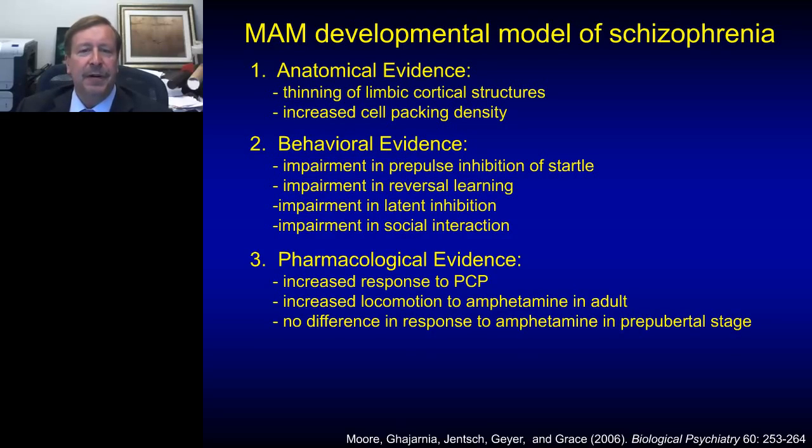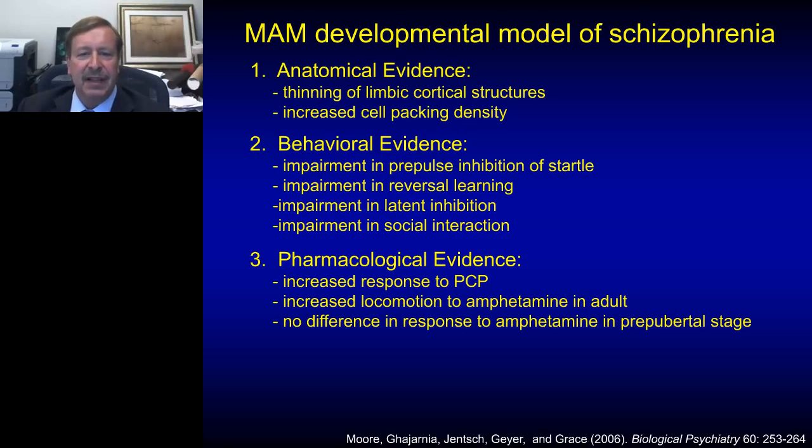We also see pharmacological evidence consistent with schizophrenia, such as an increased behavioral response to PCP, something that's been seen in schizophrenia patients, and also an increased locomotor response to amphetamine, just as schizophrenia patients show increased response to amphetamine.